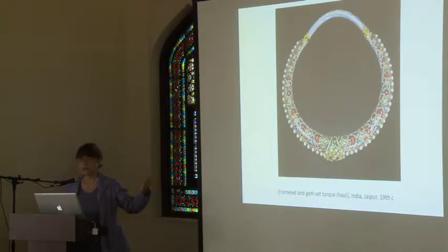So now we're looking at things where there's a kind of a fusion of styles that begins to happen. This is an example that dates from the Victorian period, and it probably would have been worn by maybe the wife of a landowner or merchant, as opposed to a lady of the court. And we know that based on the shape of the piece.